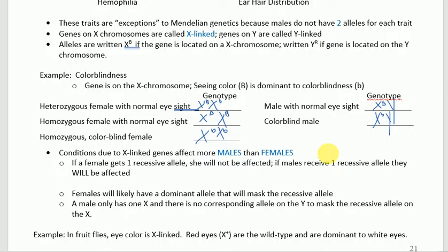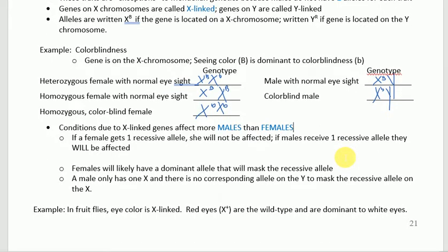So the male only has one X chromosome. Basically, he's automatically going to be affected if he gets one recessive allele. There's no second X to hide or mask that recessive trait. Females will likely have a dominant allele that can mask the recessive allele.